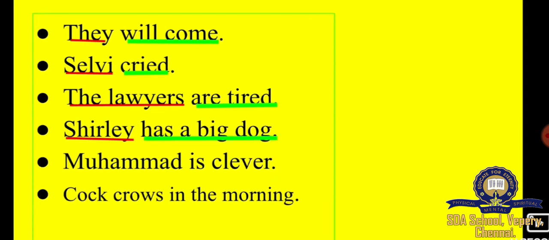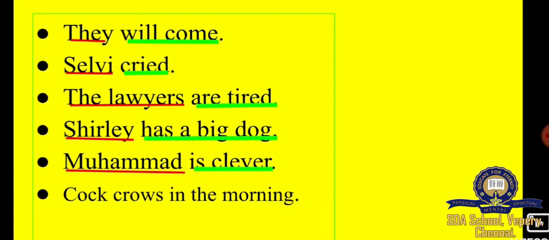And next sentence, Muhammad is clever. Children, here what is the subject? Right, Muhammad is the subject. And the remaining part, is clever, is the predicate.